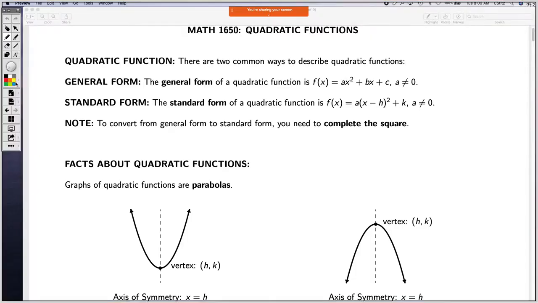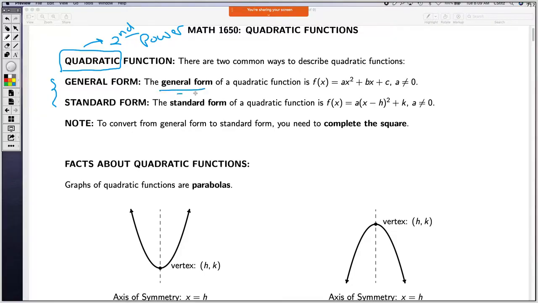So anytime you see the word quadratic in mathematics, that means second power. Just like linear last week means first power, quadratic means second power. And there's two standard ways you're going to encounter quadratic functions.